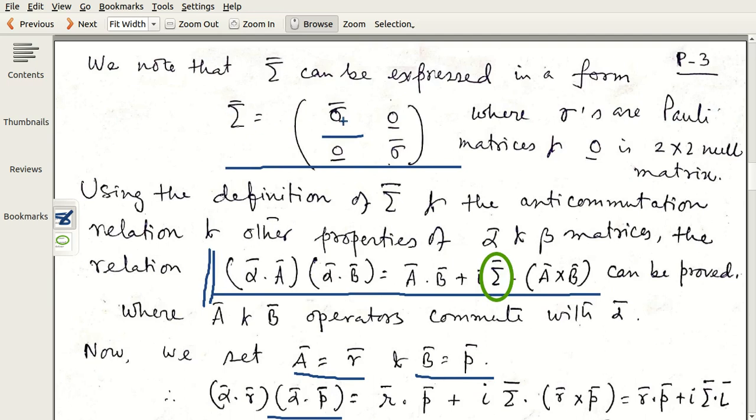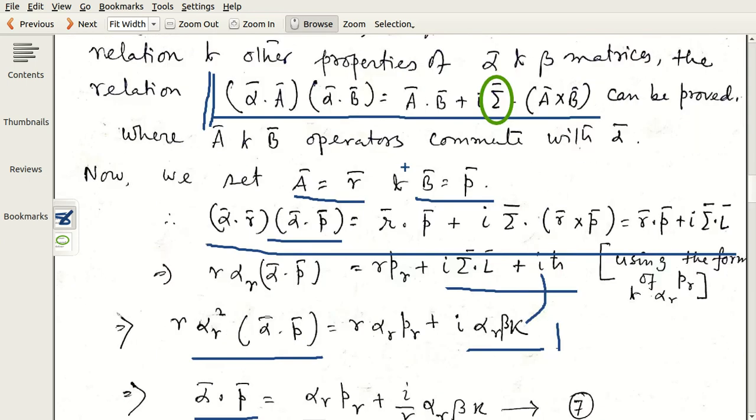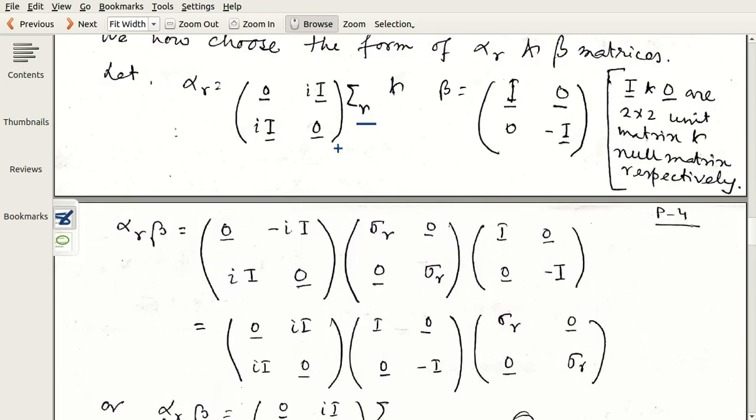Sigma in vector operator form has components. If it is sigma x, it will be small sigma x, small sigma x. If it is in radial coordinate, it will be small sigma r, small sigma r.